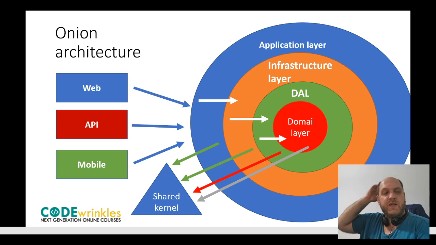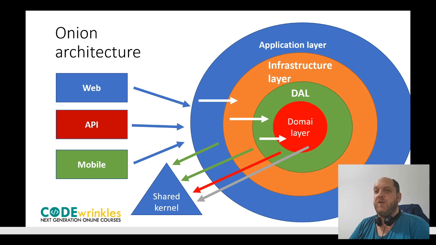And if we always keep in mind this idea of how dependencies should flow, then our project would be very clean from the perspective of dependencies. And of course, the different presentation layers like web and API and mobile could depend on projects placed in each of the other layers of this onion.